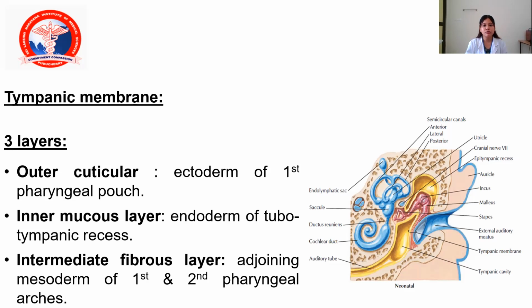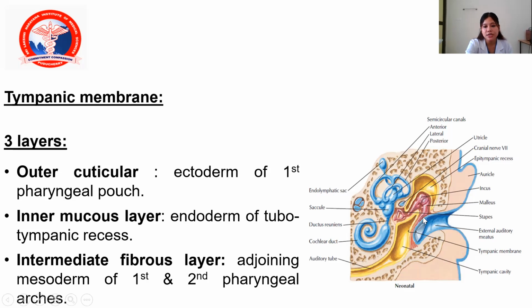The outer cuticular layer develops from the ectoderm of the first pharyngeal cleft. The inner mucus layer develops from the endoderm of the tubotympanic recess. And the intermediate fibrous layer develops from the adjoining mesoderm of the first and second pharyngeal arches.